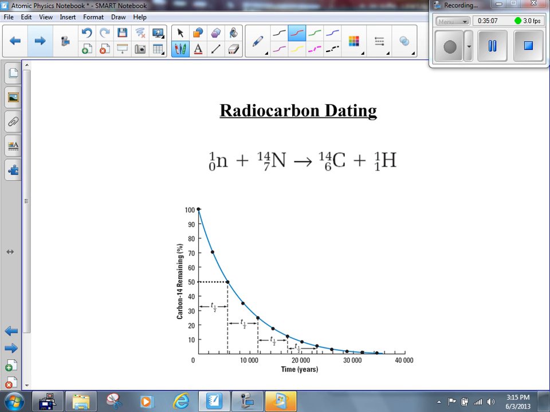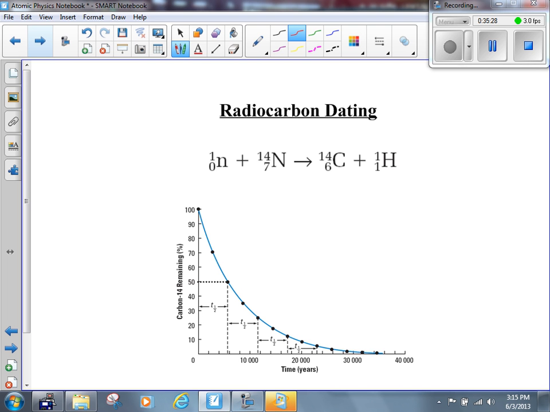Anybody explain to me briefly, and this is a question in your check and reflect that you're going to get in just a second as well, why it is that you can't use radiocarbon dating to date really, really old things? It works for something that's 5,000 years old.